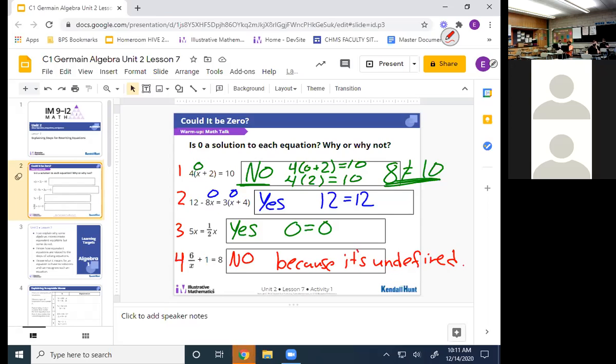I would add that in there because this is a very important idea to remember: 6 divided by 0 is undefined, so an undefined number plus 1 is still undefined. Yes, if you're looking at it purely as what plus what, it wouldn't be a solution, but it's really because when you divide anything by 0, you get an undefined value. Okay? Awesome.